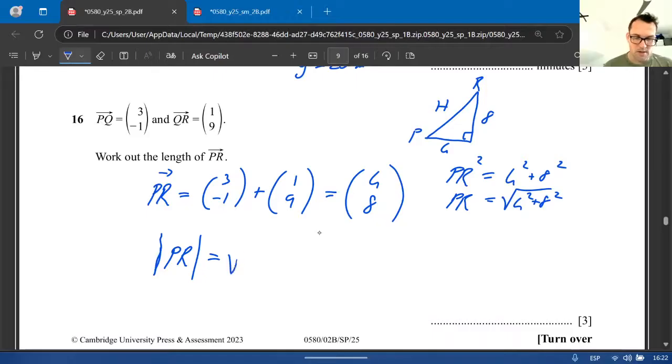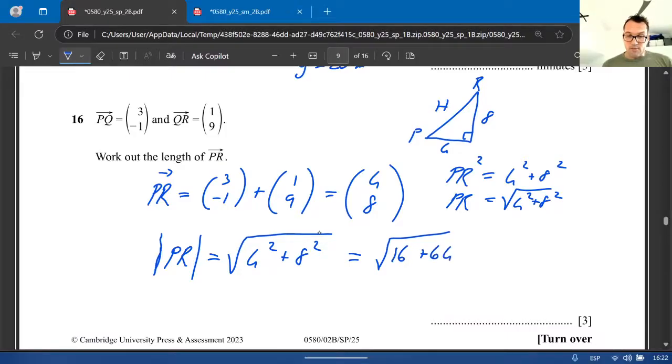So it is simply the square root of 4 squared plus 8 squared. 4 squared, of course, 16. 4 times 4 is 16. 8 times 8 is 64, which will give us 80. Root 80, that is the answer.